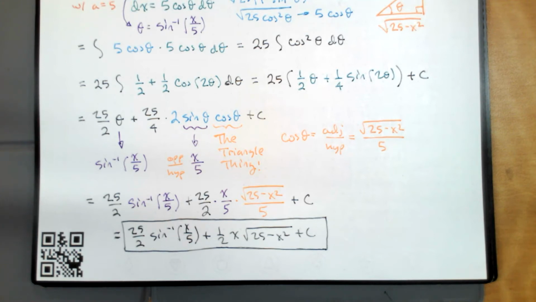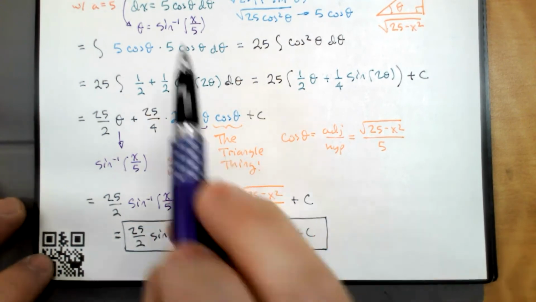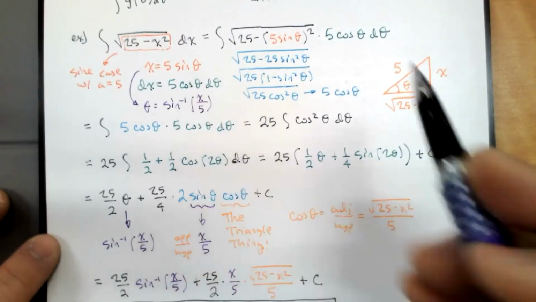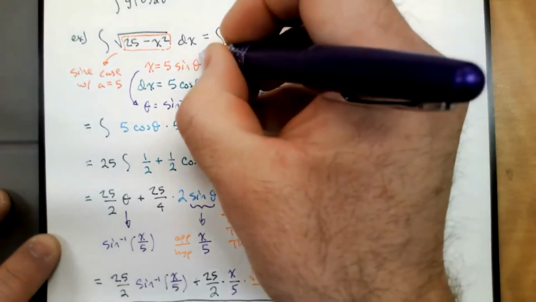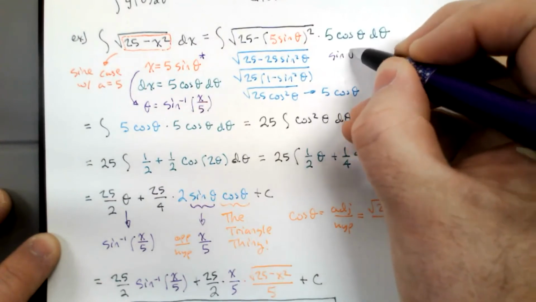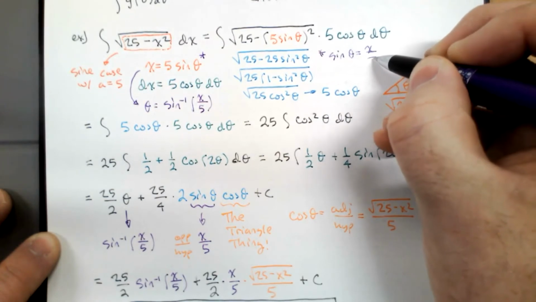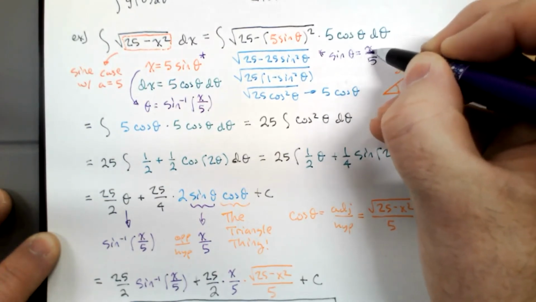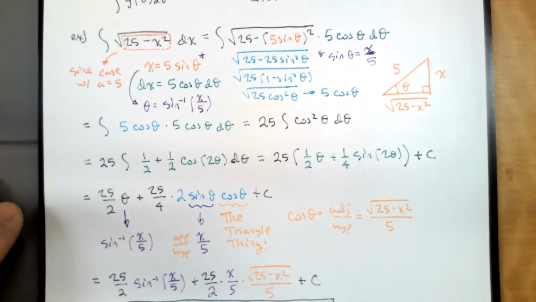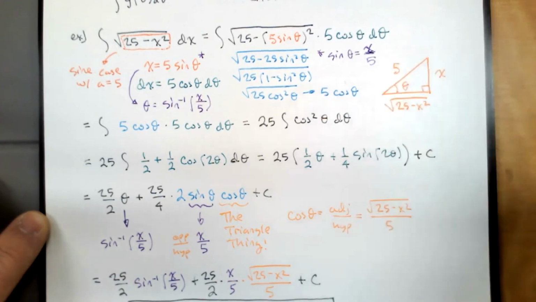So the triangle thing was based on x equals 5 sine of theta. So if we turn that around, we can see that sine of theta is x over 5. And if sine of theta is x over 5, that means we can write x as the opposite and 5 as the hypotenuse.